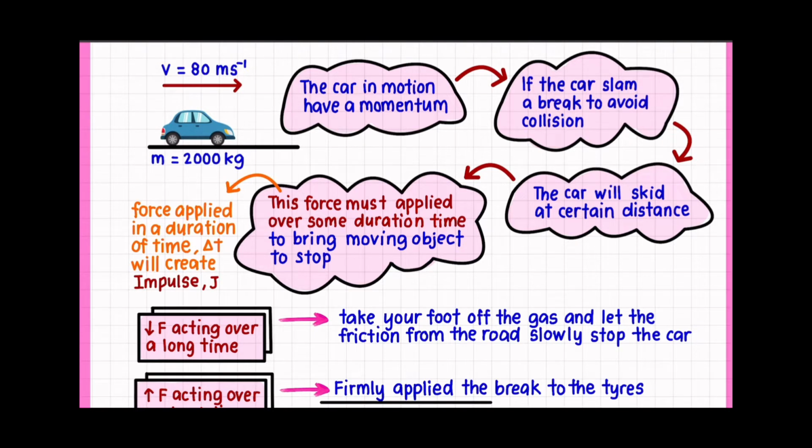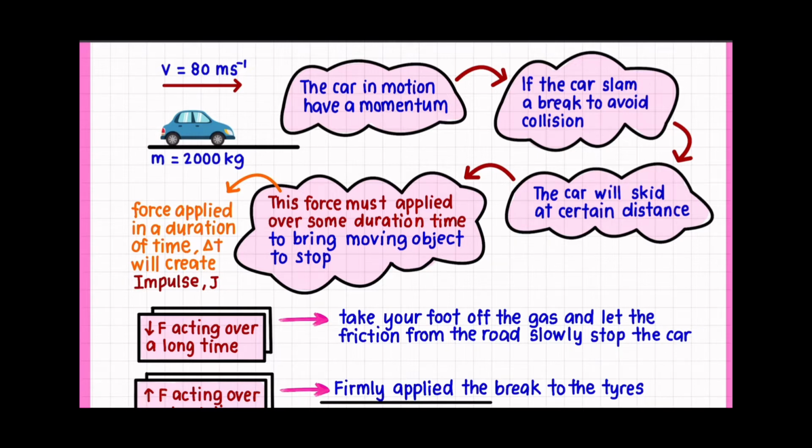So a force must be applied over some duration of time to bring a moving object to stop. Maksudnya kereta tu kalau dia nak berhenti, dia kena ada satu force yang react pada masa tersebut untuk menyebabkan velocity dia changing. Velocity daripada 80 kepada 0, maksudnya ada perubahan velocity. Jadi mesti ada force yang apply pada masa itu.